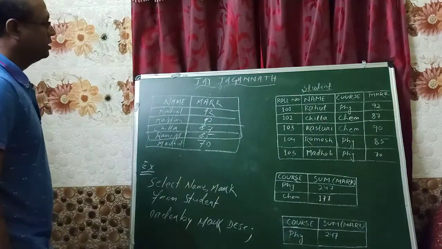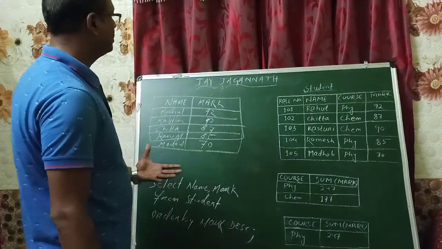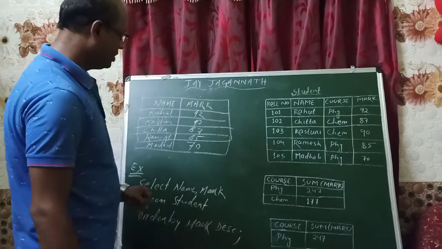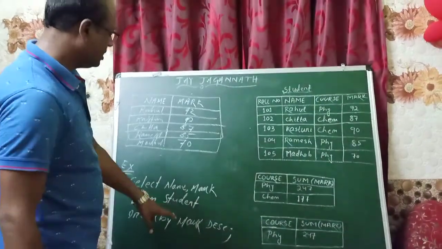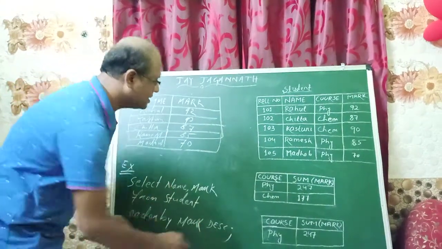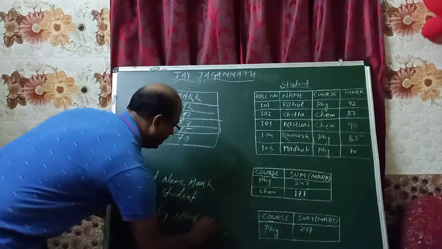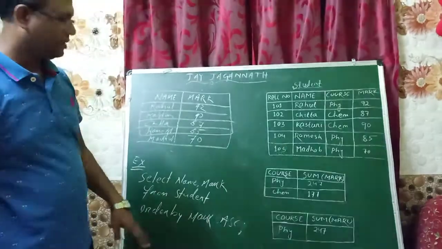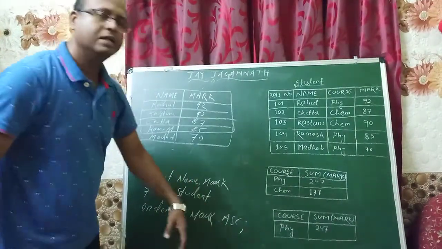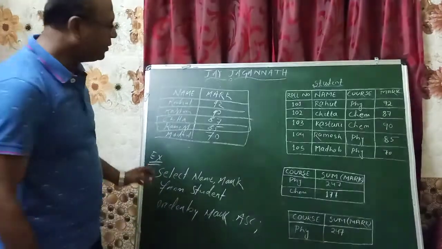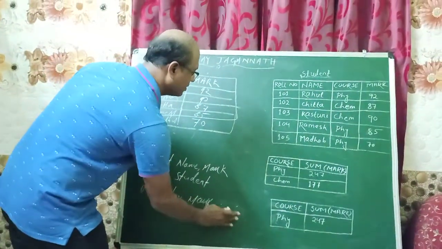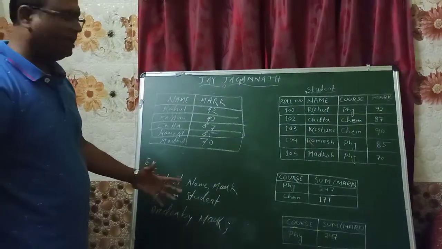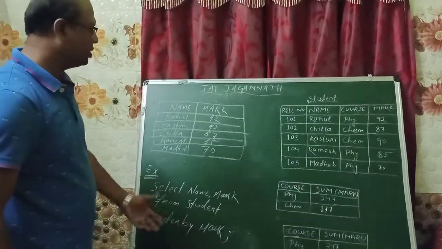But if our intention is to display the marks in ascending order, then you have to mention mark ASC. But in SQL, ascending order is the default order. If you didn't mention ASC, then it will not have any effect on your result.